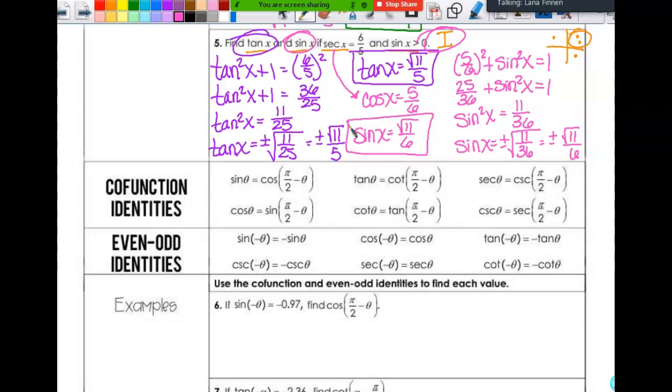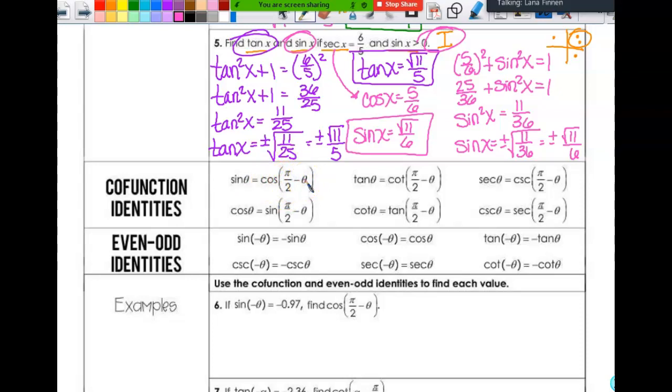Because those angles in a right triangle are complementary. So they are cofunction identities. So again, the cosine of 60 is the same as the sine of 30, and pi/2 is like 90, right? So the sine of 60 is equal to 90 minus 60, which would be the cosine of 30. So that's why they're the cofunction identities. They kind of switch places.